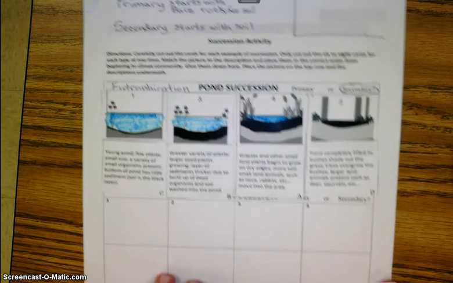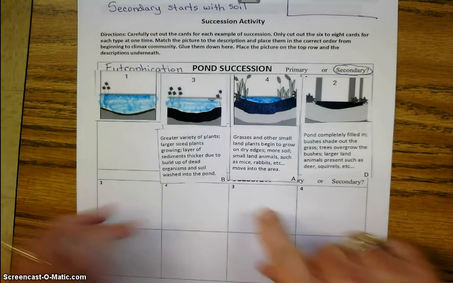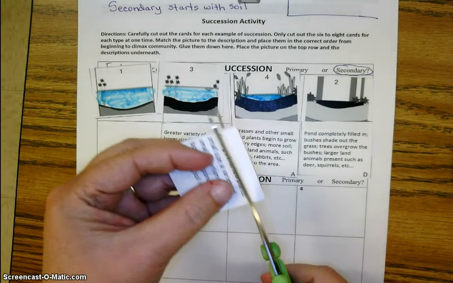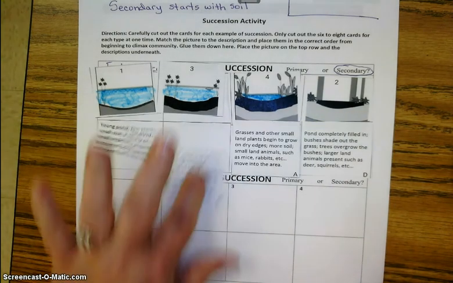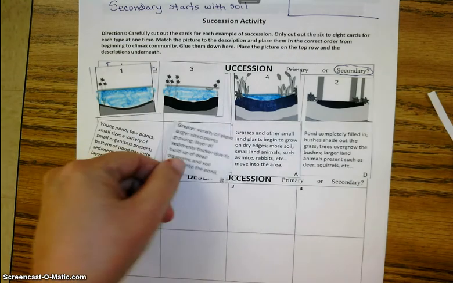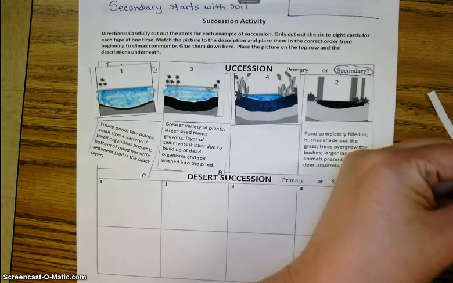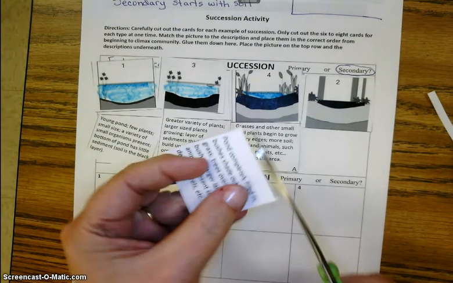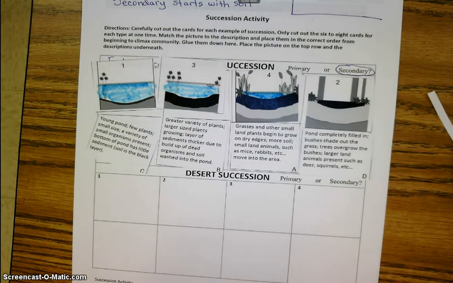Now you are going to do the remainder of these, and if you want to make it to where you can actually see desert, you might trim off the white space at the top of these before you glue them in. That way you can actually see the word desert succession if you trim off the top of each one of those. Alright, once you get it finished, you're going to enter all of your results into the Google form on Google Classroom, and then I will tell you where to glue it in your journal.